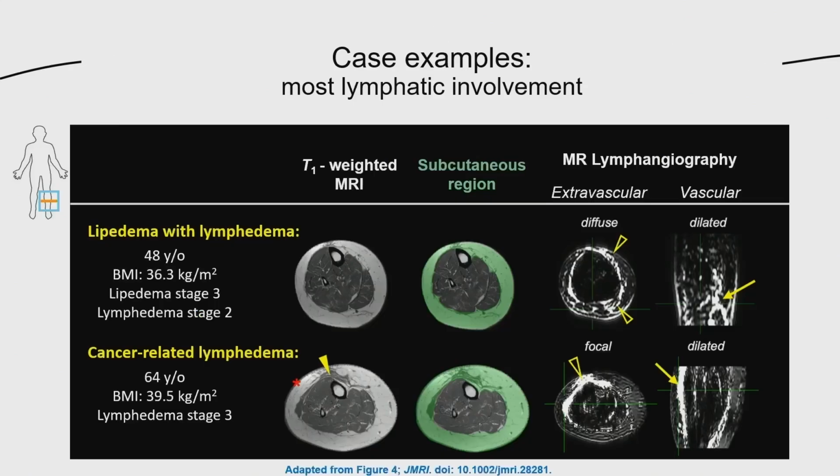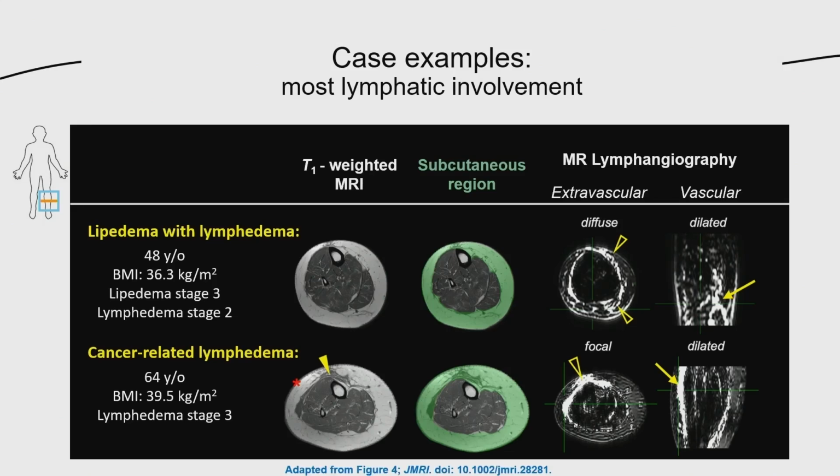So first I'll take you through 4 case examples here as briefly as I can, and then the group level results. This is looking on the top row at a patient with lipedema who also had lymphedema, and compared on the bottom row to a patient with our positive control, definite lymphatic involvement, cancer-related lymphedema. I'm choosing these 2 examples first because they're our most involved cases in terms of their lymphatics. They both had clinical symptoms of lymphedema as well. And so we're focusing just on hyperintensities in the subcutaneous region.